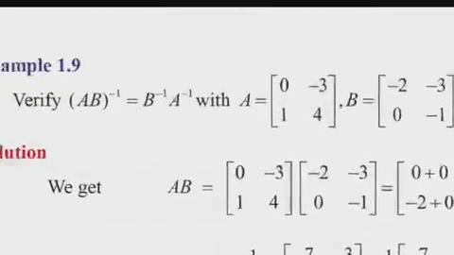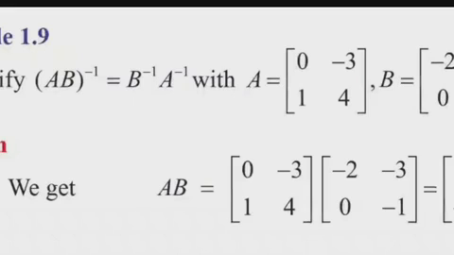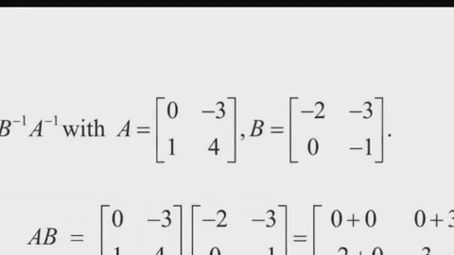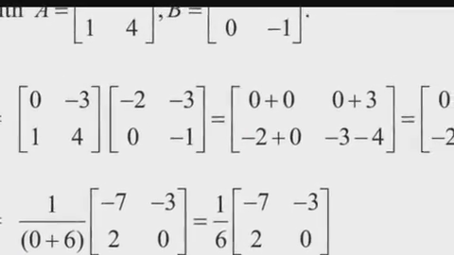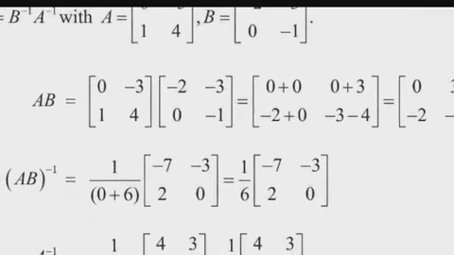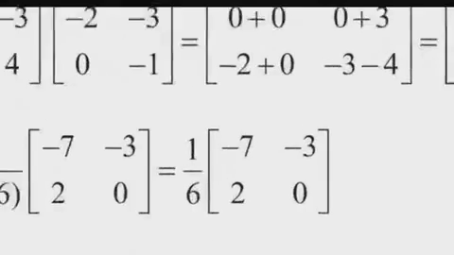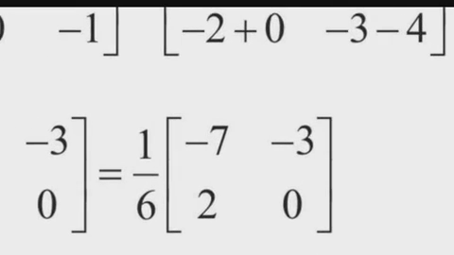So I repeat, verify (AB) whole inverse equals B inverse into A inverse with A equal to [0 -3; 1 4], B equal to [-2 -3; 0 -1]. First we found A into B value. Next we take inverse of AB. So AB inverse value is 1 by 6 into [-3 -7; -3 2 0].